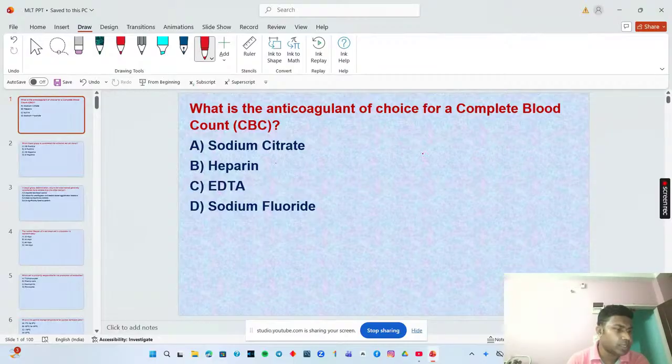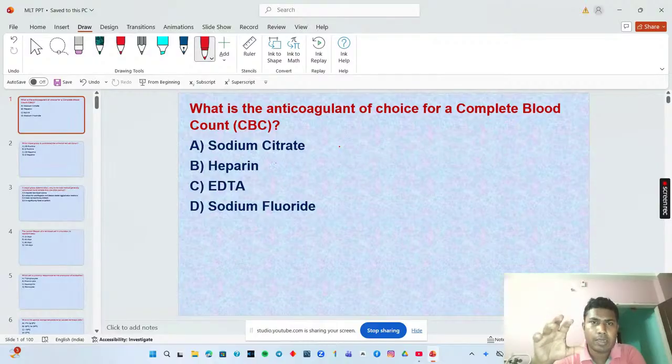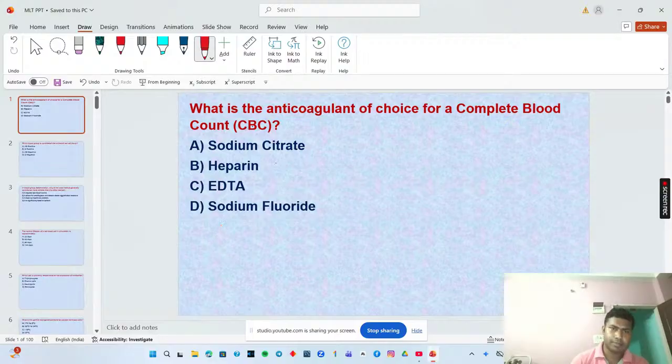To protect the morphology of the red blood cells, if we want to do CBC, we have to keep the morphology of the cells intact. So, in order to save the morphology of the cell, we have to use EDTA. Okay, it is EDTA.